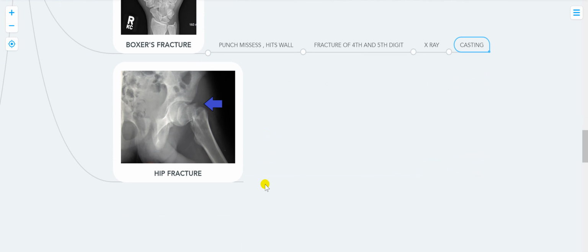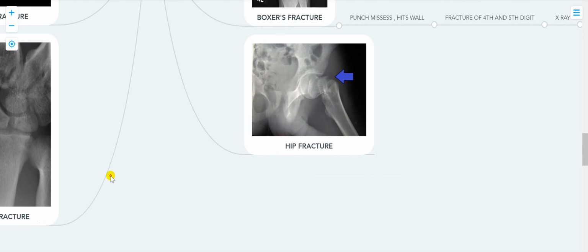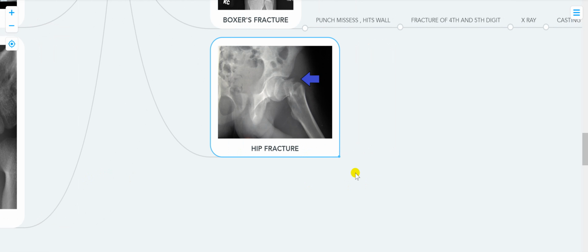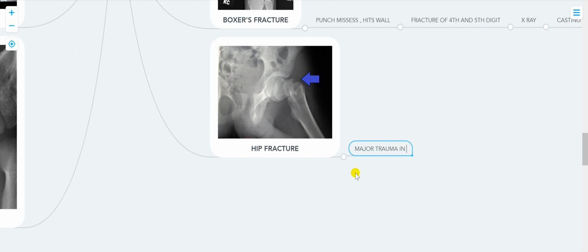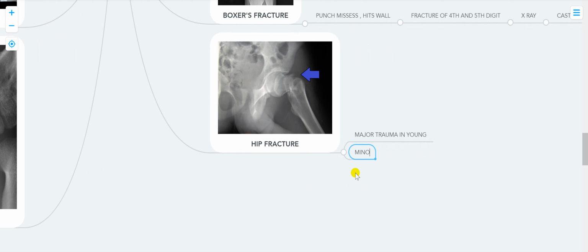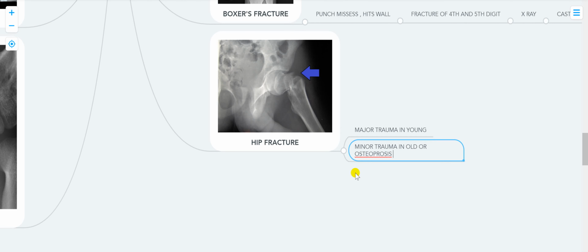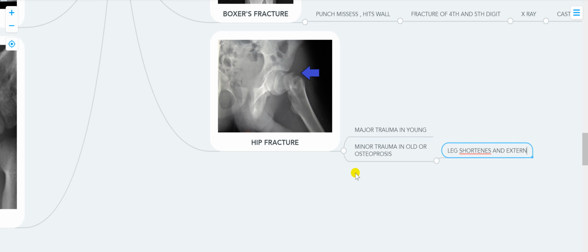Now let's go to the hip fracture. Hip fracture can be caused by a major trauma in young people or a minor trauma in old people with osteoporosis. How does it present? Usually with leg shortened and externally rotated.